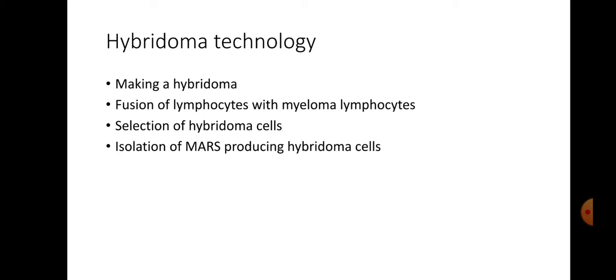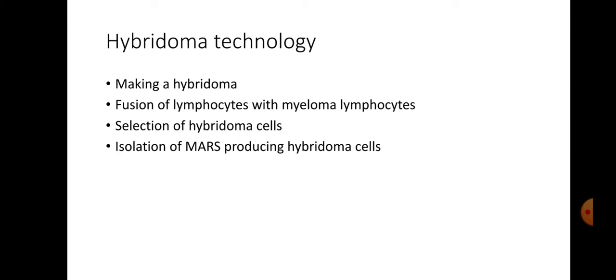The myeloma cell lines which we are using are also B lymphocytes, but these myeloma B lymphocytes should not produce any antibodies. So that is very important. It is worth noting that in most cases of multiple myeloma, there is overproduction of a particular type of antibody. Such myeloma cell lines that do not produce antibodies are readily available because there are instances where a particular myeloma cell line multiplies uncontrollably without antibody production.